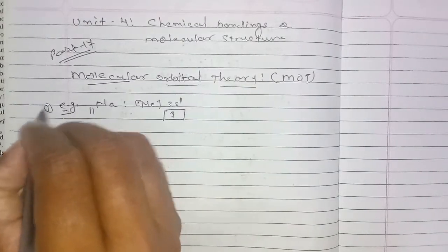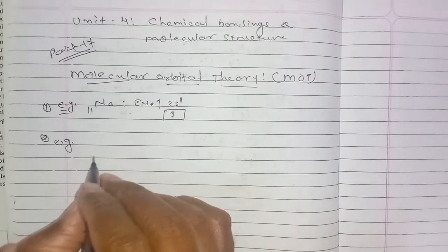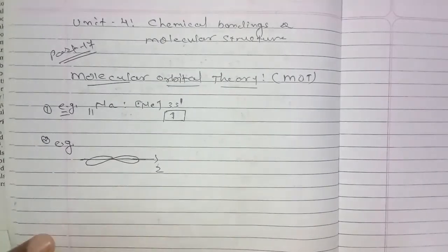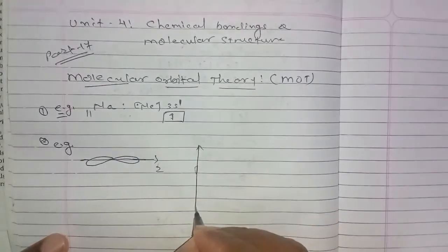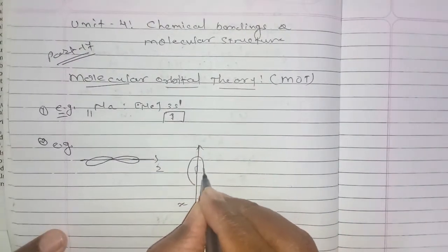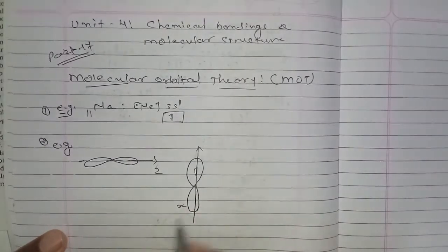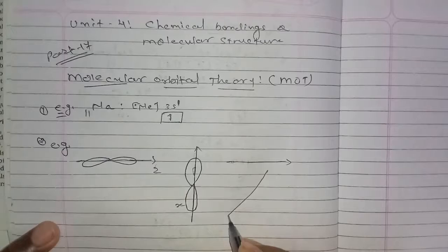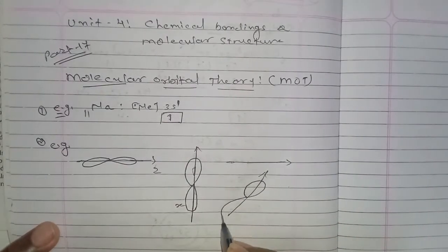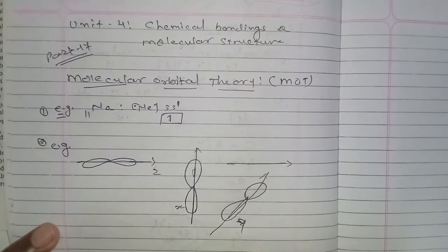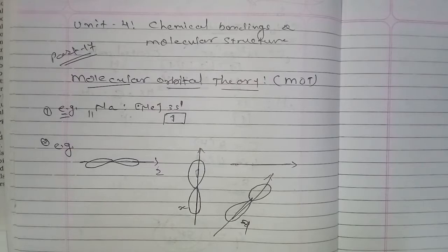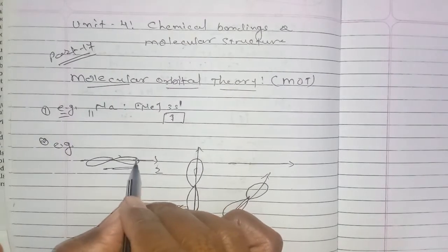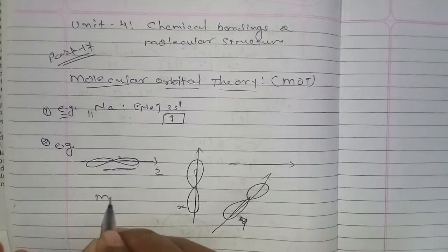For example, the orbitals on the z axis, the x axis and the y axis have proper symmetry and almost equal energy, and they combine with each other and form molecular orbitals.